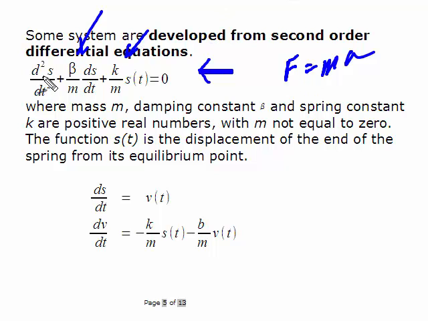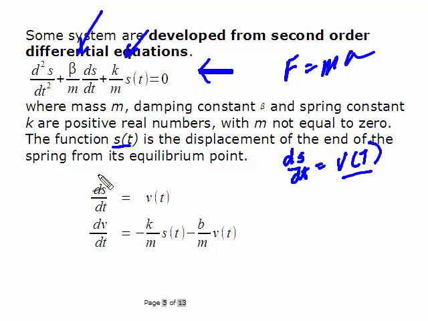But now I'm going to take this equation and write it as a system. The system had 2 variables. Remember, there was an x and a y. So I take the s, the displacement, and then I use the derivative of the displacement, and what is that? It's velocity. So that's my second variable.